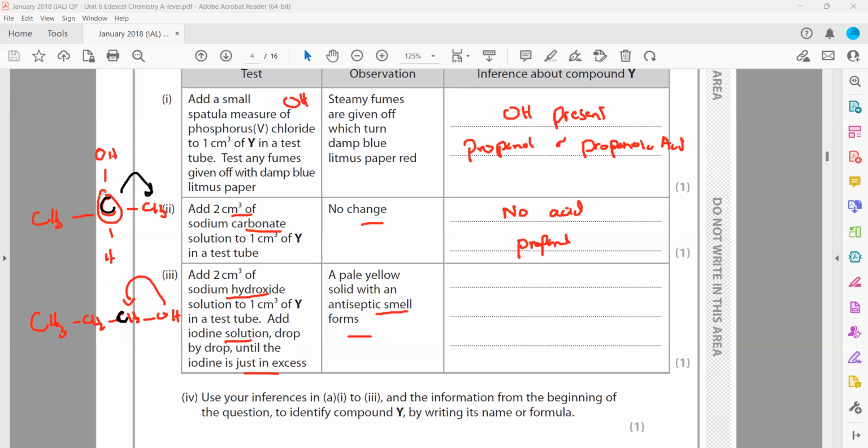So here next to that is CH3, it's giving a positive result. So this gives an idea it's not a primary alcohol, it is a secondary alcohol. So there is a secondary alcohol present.